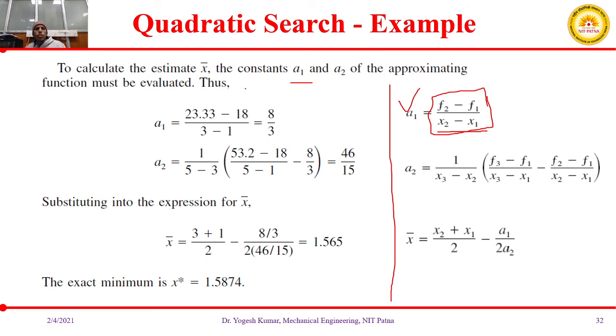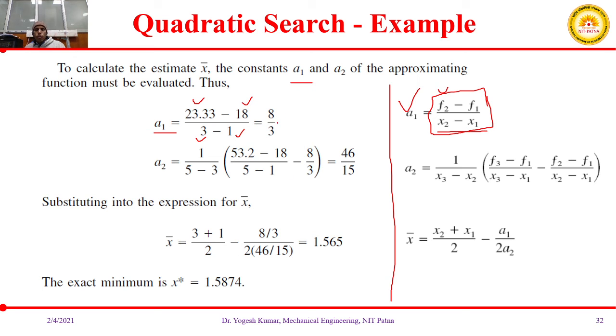Putting these values in this formula, a1 equals (f2 minus f1) upon (x2 minus x1), and this comes to around 8 by 3.